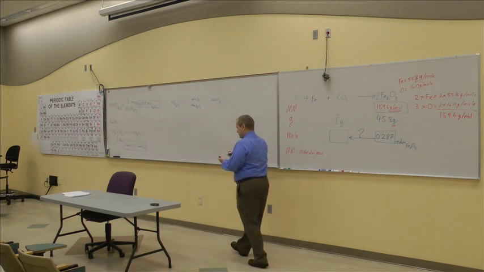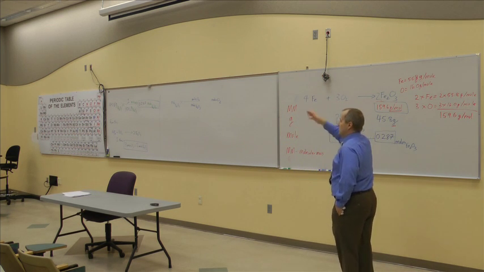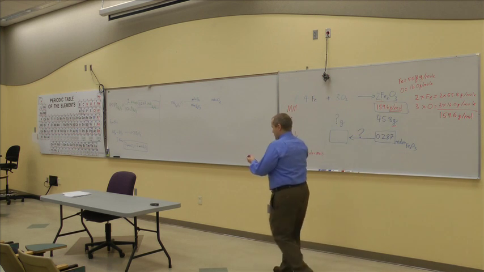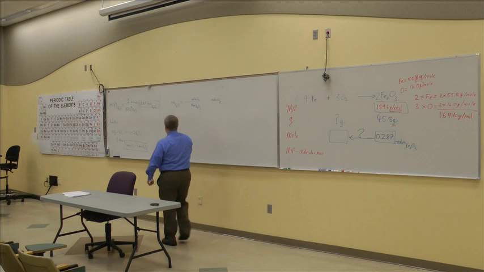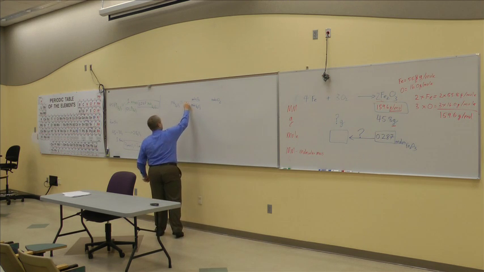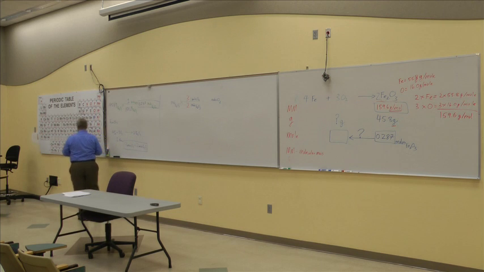That's my setup. I'm going to convert moles to moles. I converted grams to moles. Now I'm going to convert moles of one thing to moles of another. And I use this ratio right here. It's going to be 2 down here and 3 up there. Okay? You got that from here.